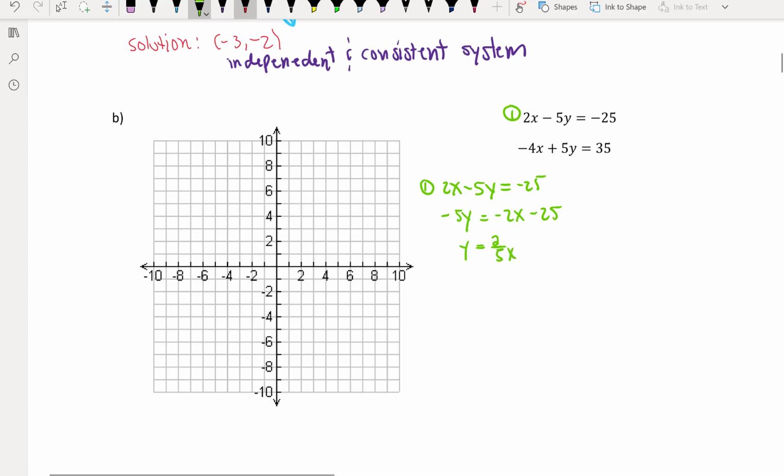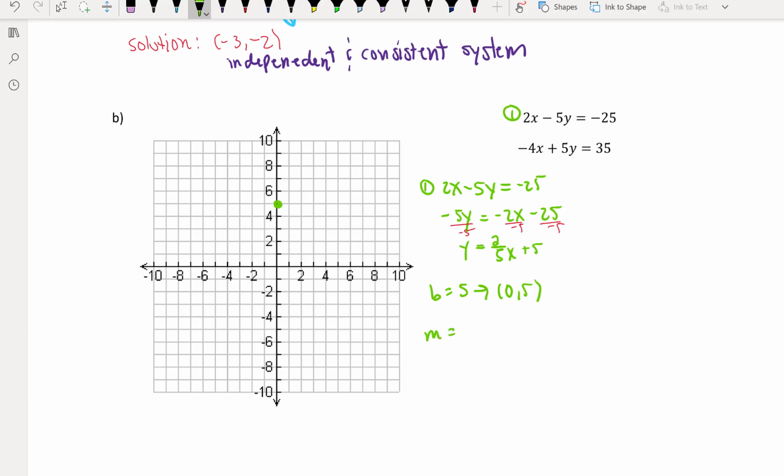Remember, I'm dividing by negative 5. So a negative divided by a negative is a positive. So 25 divided by 5 is going to give me a positive 5. So here, my b is going to equal 5, which tells me my y-intercept is (0, 5).